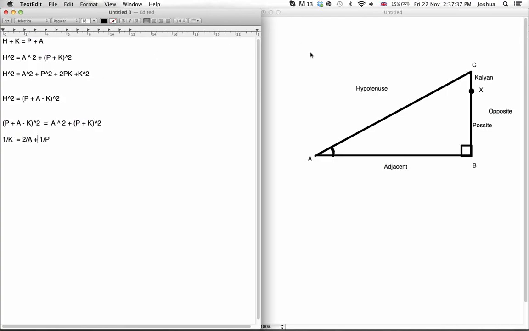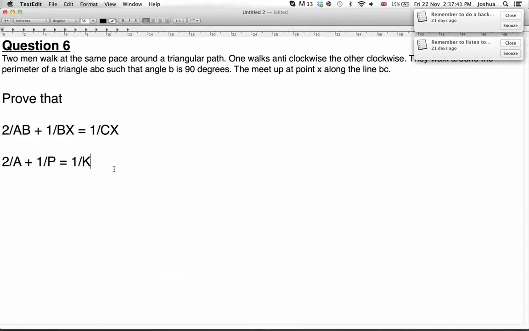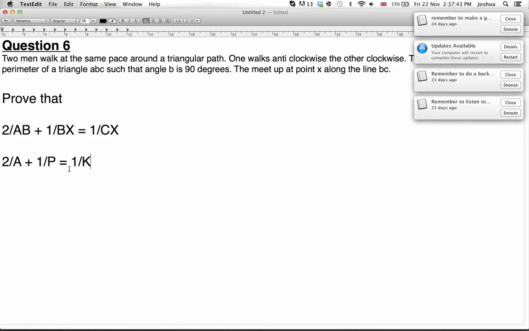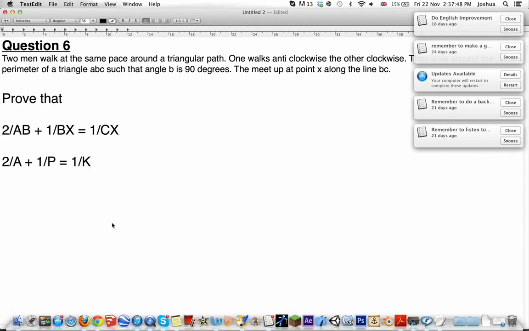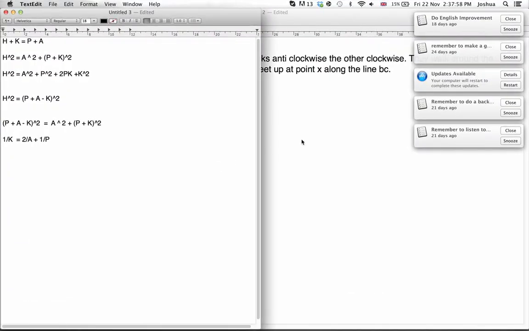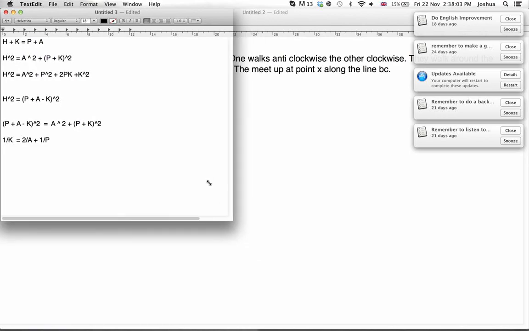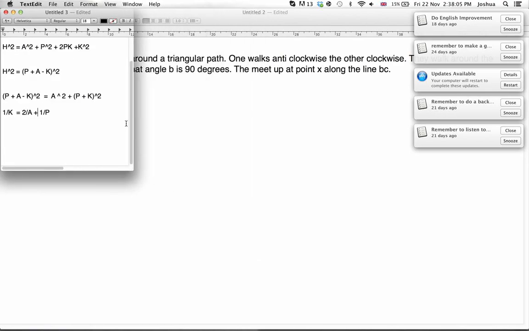Is that right? 2 over A plus 1 divided by P is equal to 1 divided by K. Is that what I got? 2 over A plus 1 over P. Yep, we got it right, guys! Hooray! We got it right. Not much working as well. So I think that is question 6 of a paper.